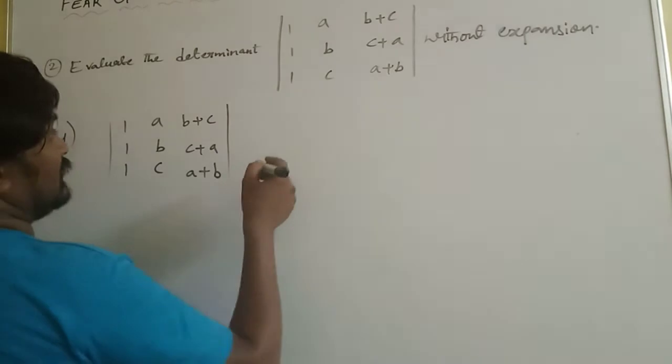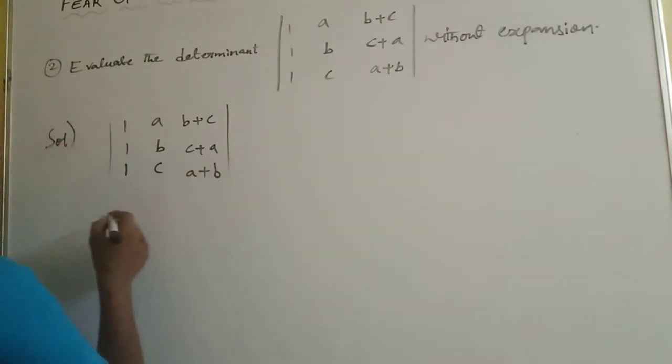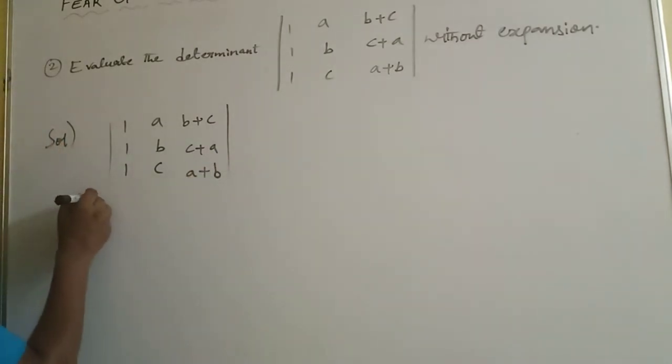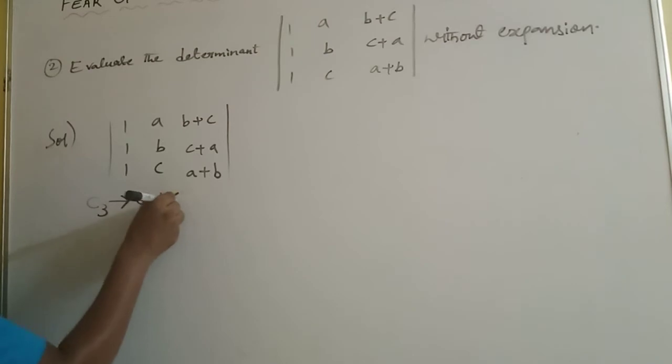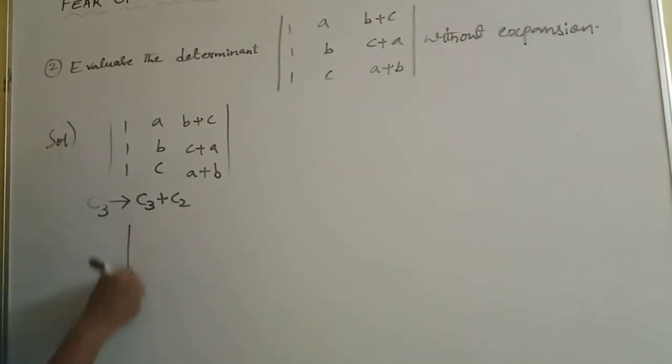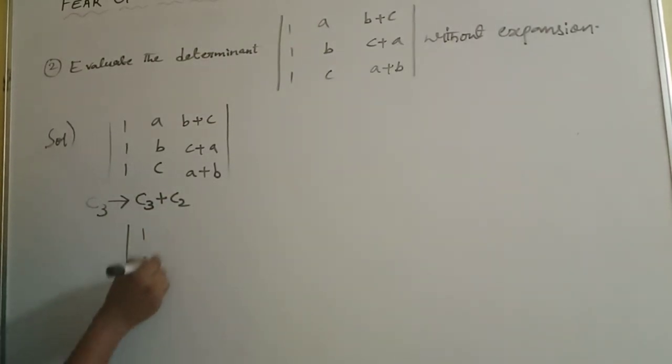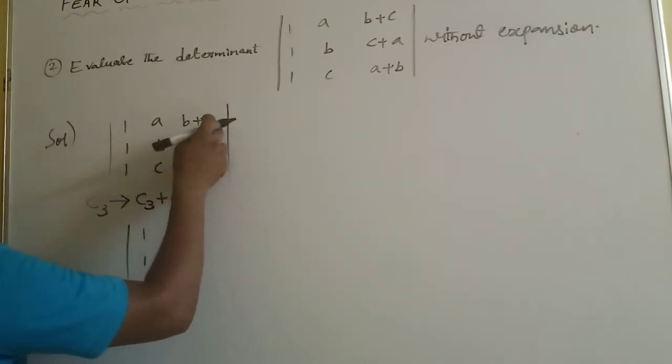So the first elementary operation I will do here is C3 tends to C3 plus C2. Then what will happen? 1 1 1, a b c, so C1 and C2 have no changes. Then in C3 we get a plus b plus c.